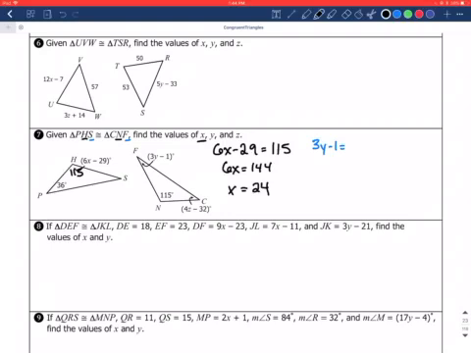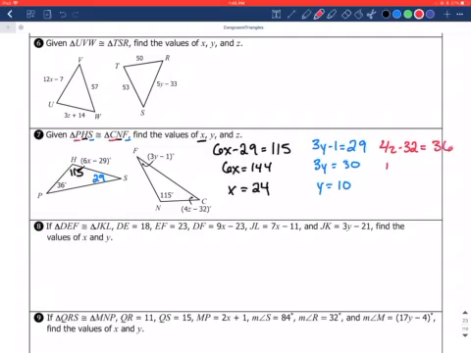So 115 plus 36, we'll add those together and then subtract that from 180, and we are left with 29 degrees. So we know that this is 29 right here. So we'll add 1, divide by 3. Y gives us 10.